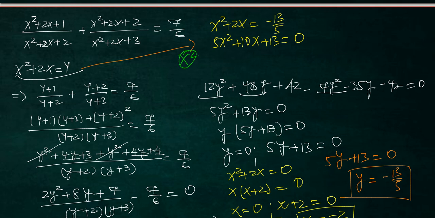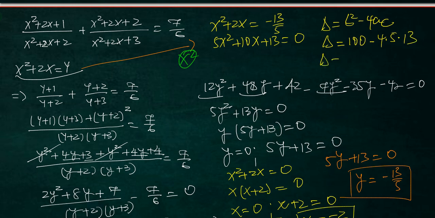And from here, we're going to find our discriminant, or our delta, which is b squared minus 4ac. b is 10, so we have 100 minus 4 times 5 times 13.